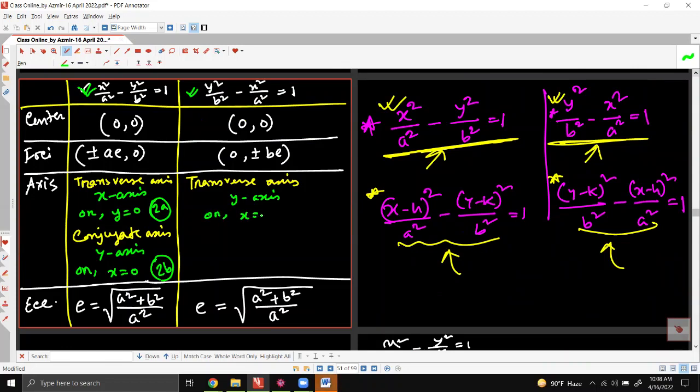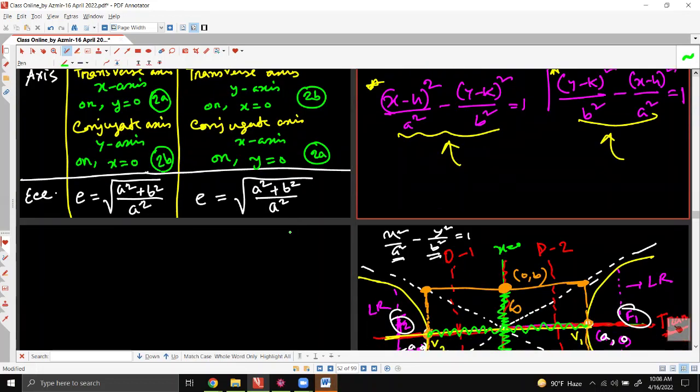Y-axis means x equals 0 and its length will be 2b. Similarly, conjugate axis will be x-axis or y equals 0 and its length will be 2a.